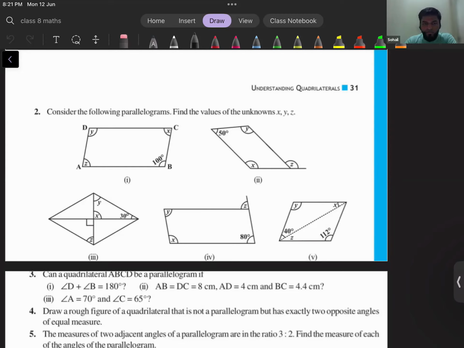Shall I solve the first one for you guys? No, sir. Okay. Just remember two properties here: the sum of adjacent angles is equal to 180 degree and opposite angles are equal.